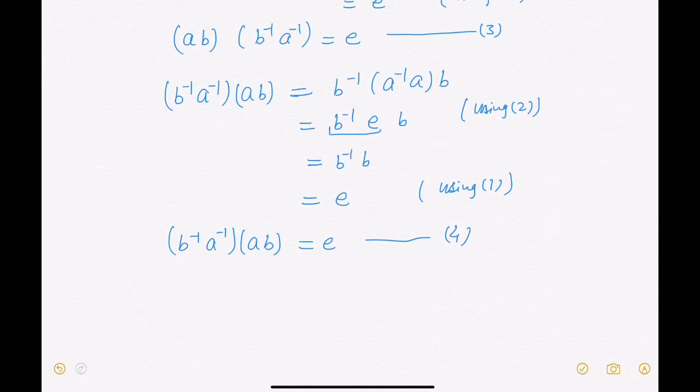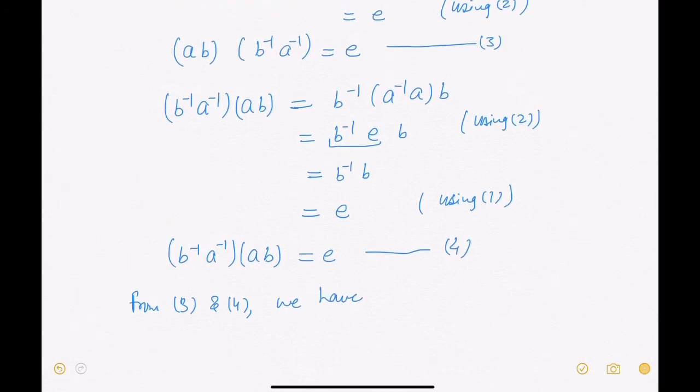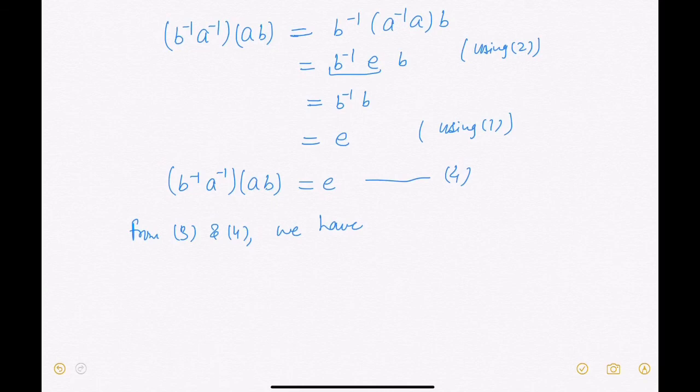Now from 3 and 4 you may observe that AB operated with B inverse A inverse gives the identity, and B inverse A inverse operated with AB gives the identity. That means AB operated on B inverse A inverse is equal to the identity, which is equal to B inverse A inverse operated with AB.